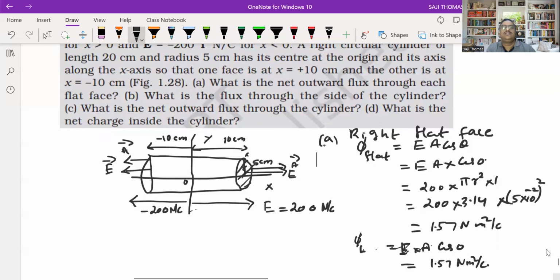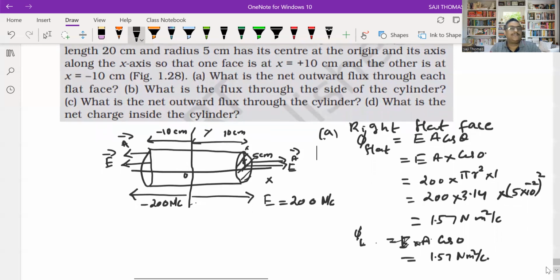Now, what is question B? What is the flux through the side of the cylinder? Side means the curved surface. You know, there is no electric field along the Y direction.